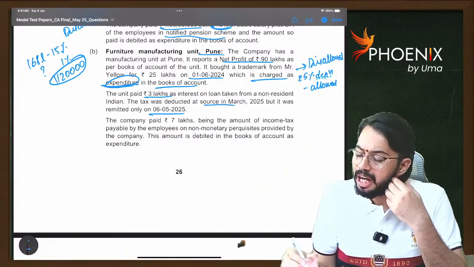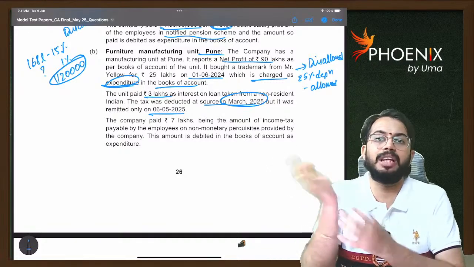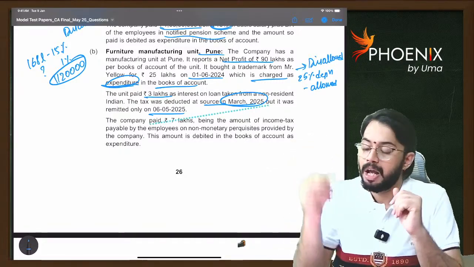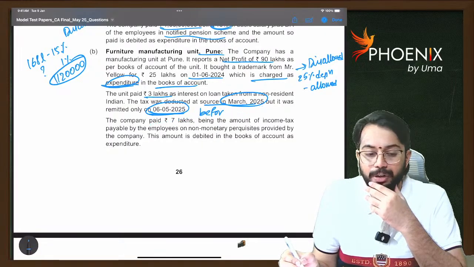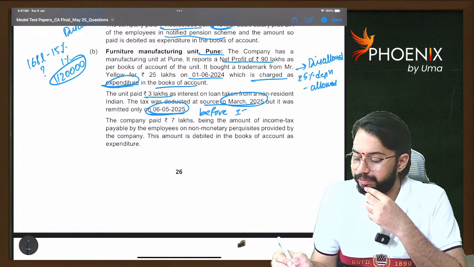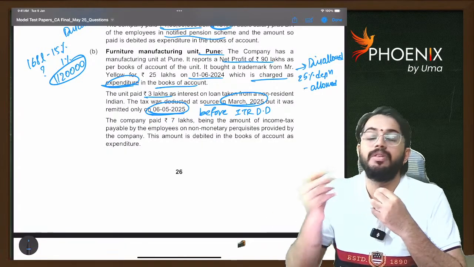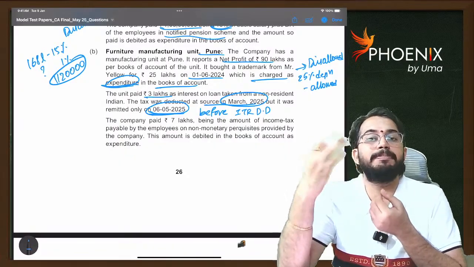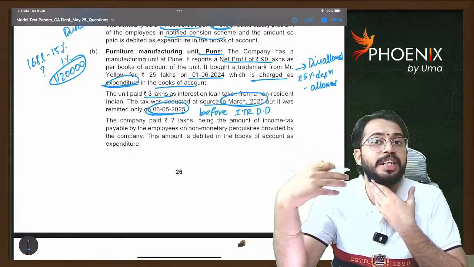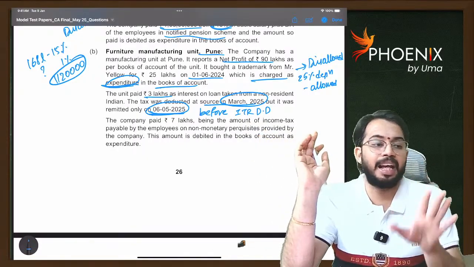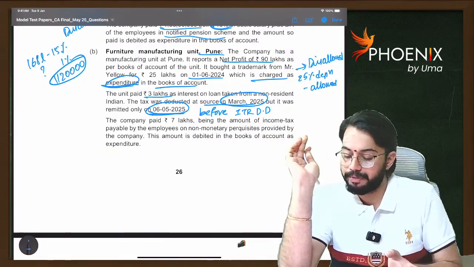In this question, TDS was deducted in March, before 31st March only. But it was deposited on 6th May. 6th May means before ITR due date, no? So as TDS was paid before ITR due date, expenditure is allowed as deduction. 3 lakhs is allowed. It is not to be disallowed.